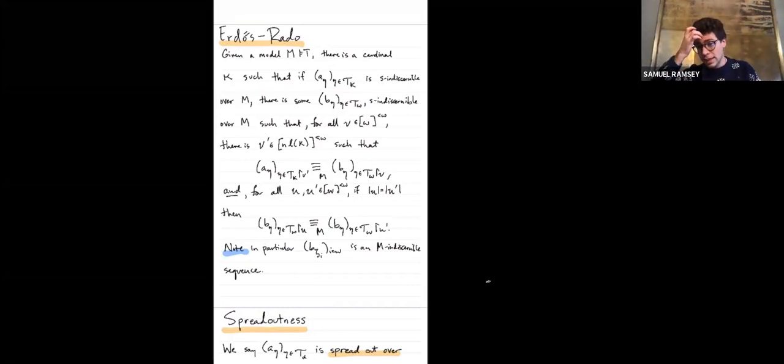One way of saying that precisely is whenever I take a finite set of levels, so whenever I look at some V, which is in omega to less than omega, so it's a finite set of levels, then there's some other finite set of levels from the original tree, so the non-limits of kappa, such that if I look at eta in T kappa restricted to nu prime, that has the same type over M as B eta in T omega restricted to nu.